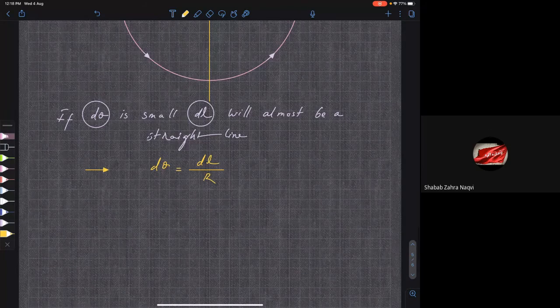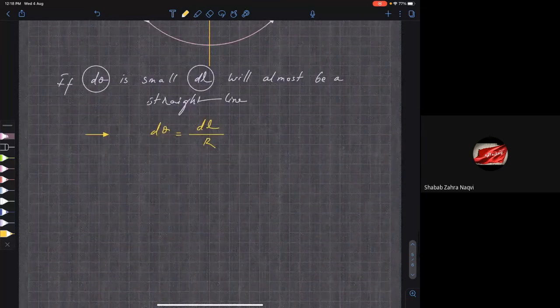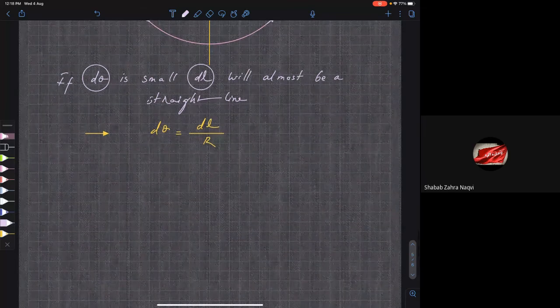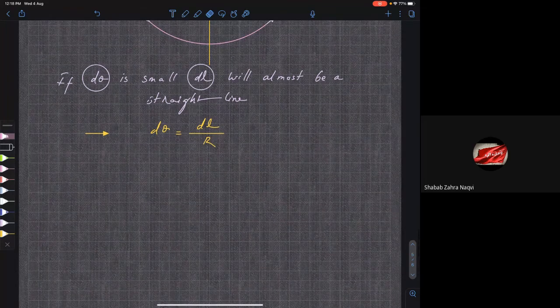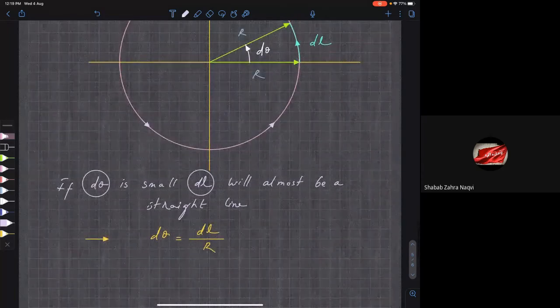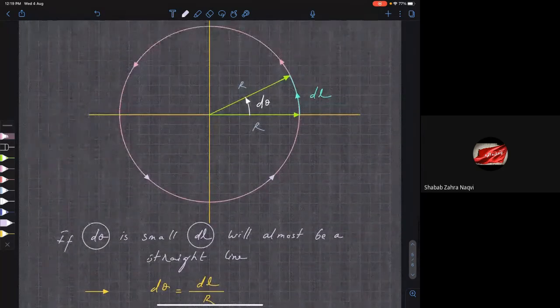Now, if the speed of the particle is uniformly increasing, then what is the situation? Let us see. Okay, before that, let me define one thing.